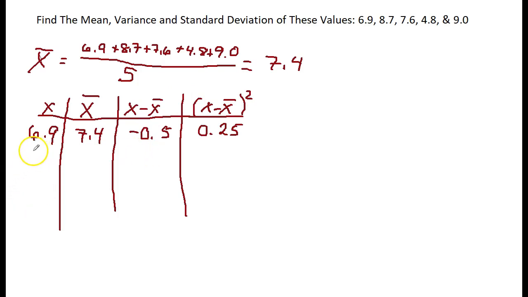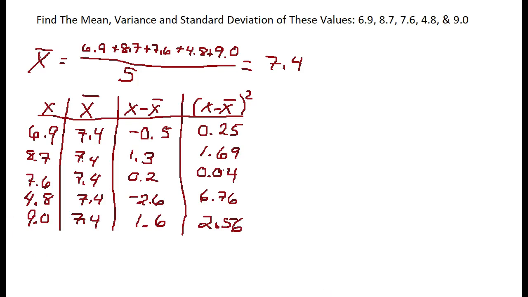So we take our 8.7, subtract our mean, which is 7.4, and I get 1.3. Square that, and I get 1.69. Doing the same thing with each piece of data. So next, 7.6.